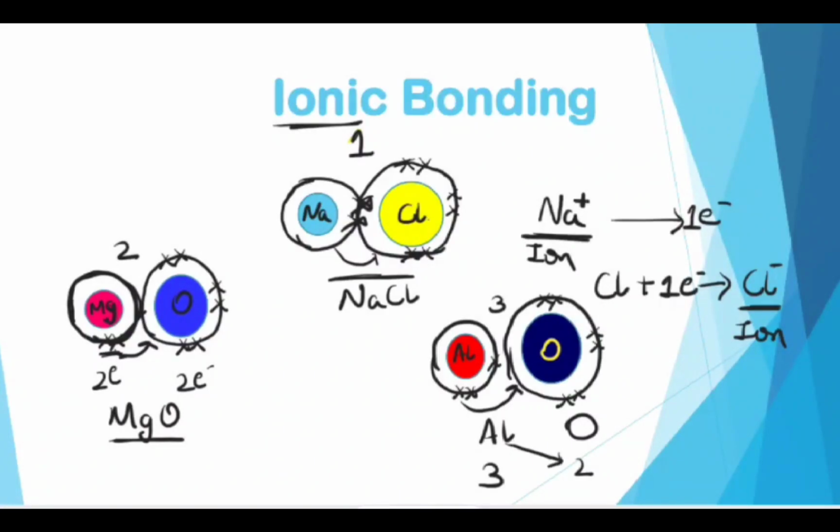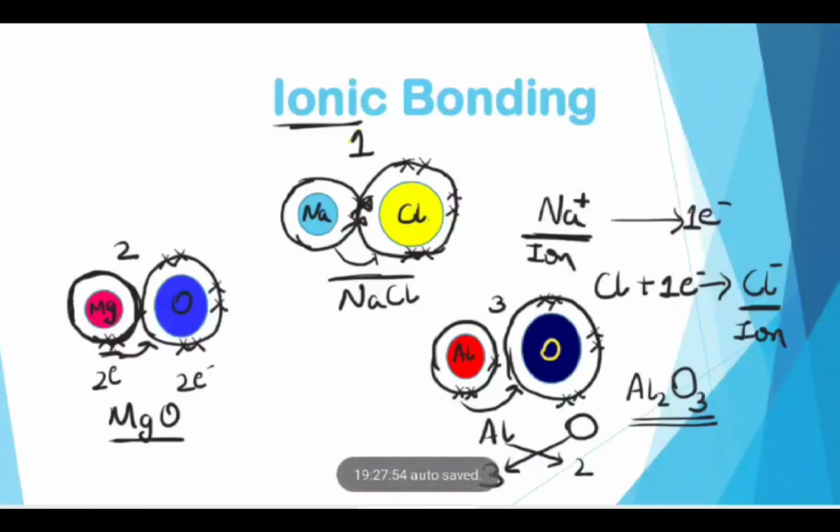Aluminium takes up the 2 and oxygen takes up the 3. The valencies crisscross each other. They take over each other's valency. And what is the chemical formula now? It will become Al2 O3. This is the chemical formula of aluminium oxide.